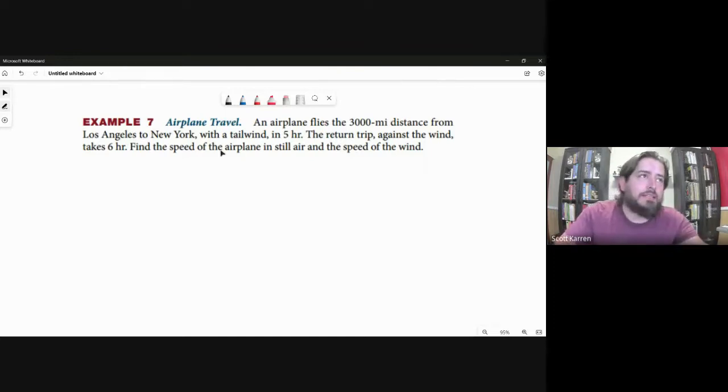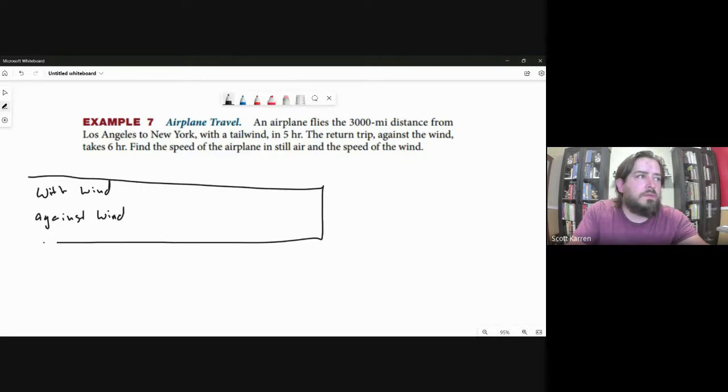Now, on the last question, a lot of times creating a little chart is helpful. So I'm going to create with the wind, against the wind, and my equation that I have here is distance equals rate times time.